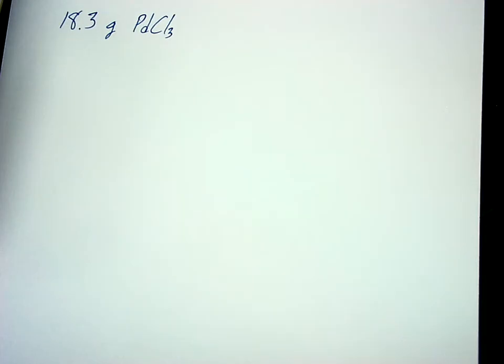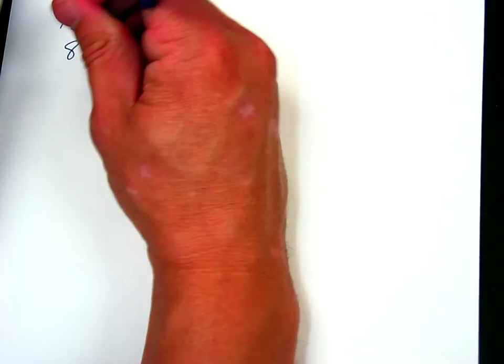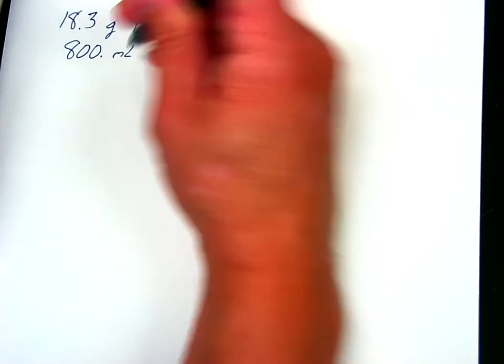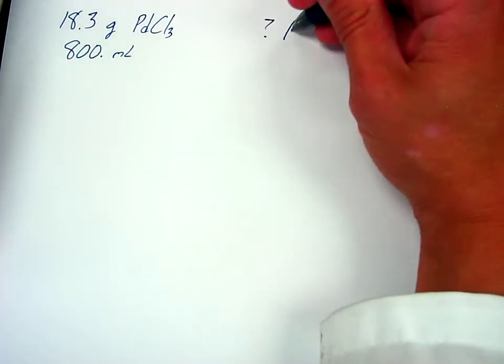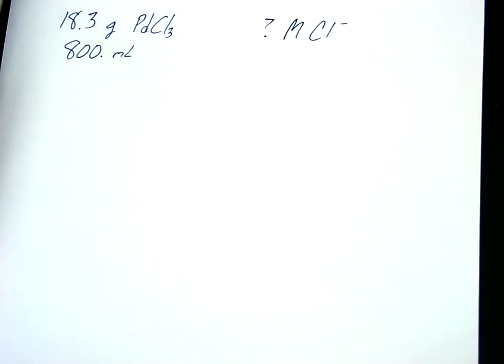And we want to make 800 mils of solution. The question though, interestingly, is what is the molarity of the chloride ions? All right, so that's important to understand, that it's looking for something a little more specific.